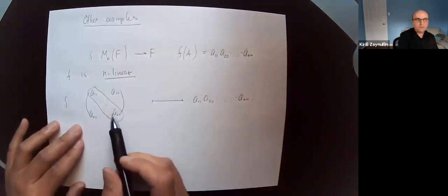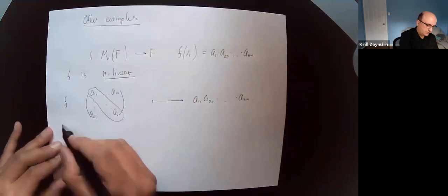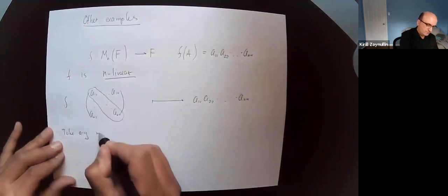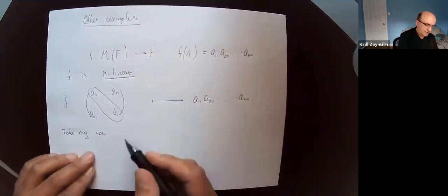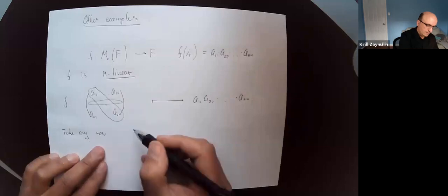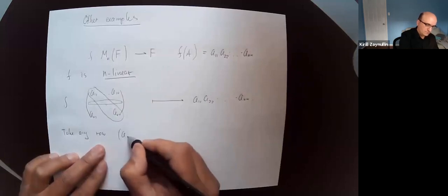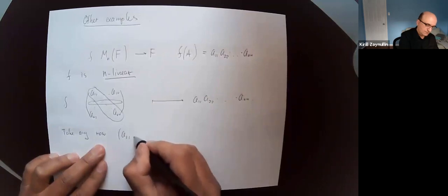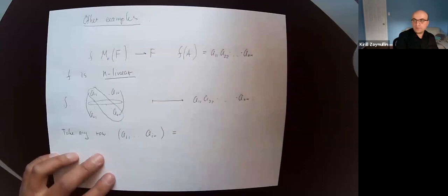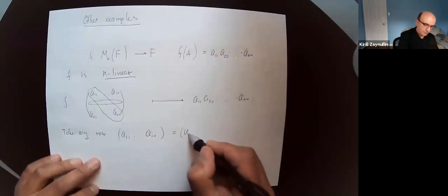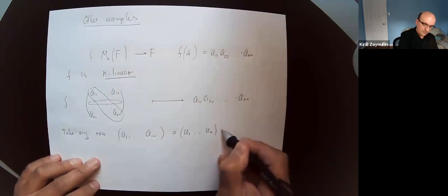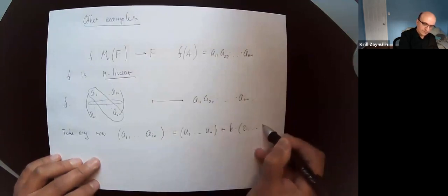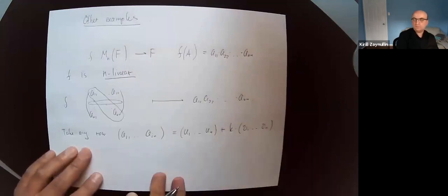Now, how do we check that it's n-linear? Just take any row. Doesn't matter, you can also take a column. Take any row, say the ith row, Ai1, ..., Ain, represented in this form: it's like u1, ..., un plus k times v1, ..., vn.